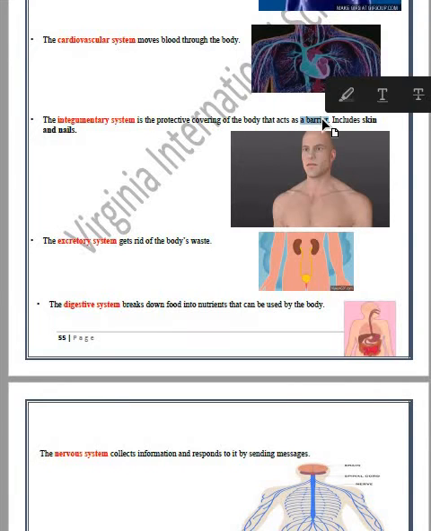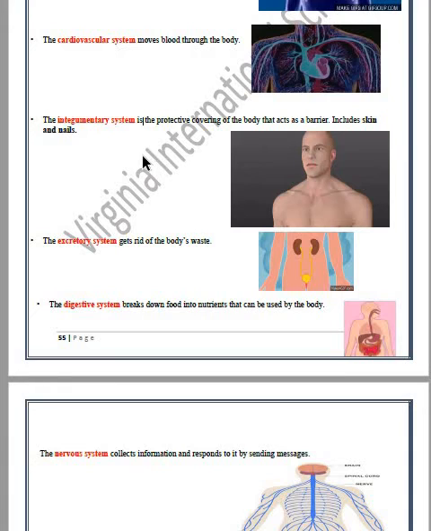The barrier acts as a gate to prevent the blood from getting out of the body, and also it protects the body from viruses and disease entering. So the integumentary system is the system of the skin and nails that's used to cover and protect the body.